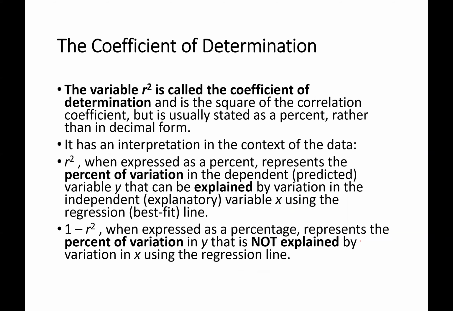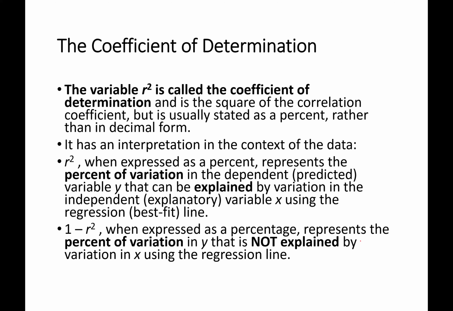Okay, if we take our correlation coefficient and we square it, we get what is called the coefficient of determination. It's usually stated as a percent, where the correlation coefficient we usually state as a decimal. It has an interpretation in context of your data.